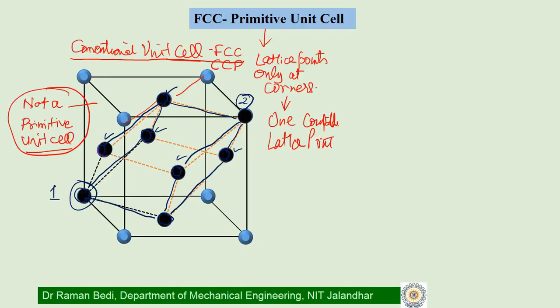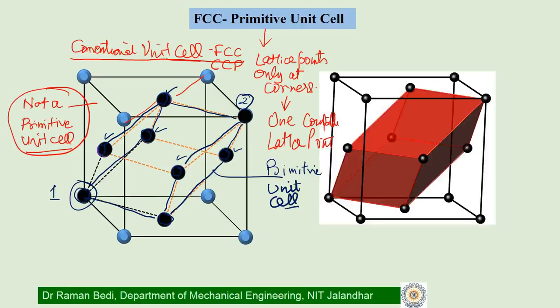So this description is for the primitive unit cell. This is a primitive unit cell for an FCC structure, and if you sketch it in 3 dimensions, this is what you get.